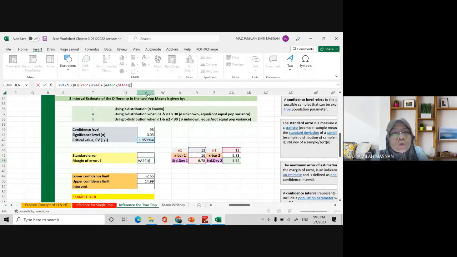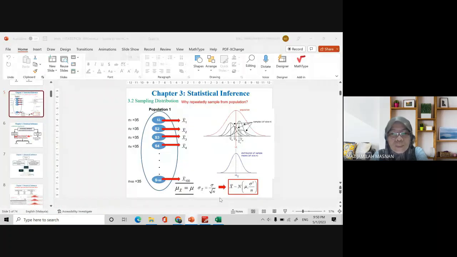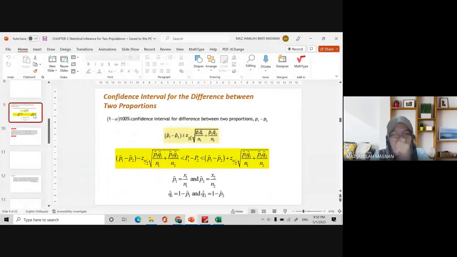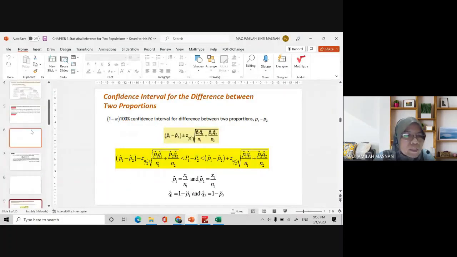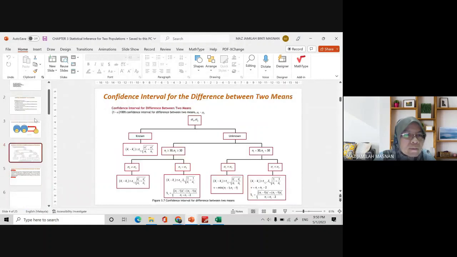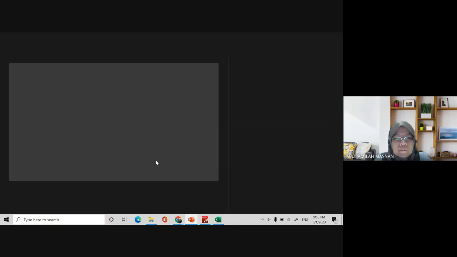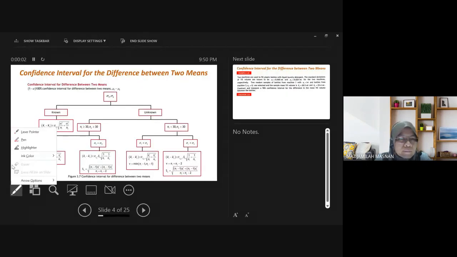Since we are dealing with two population, if I go back to your slide for two population, for the CI of the mean, the margin of error can be this one if sigma is known.